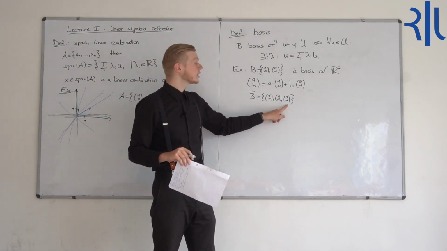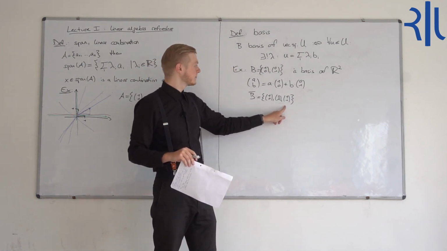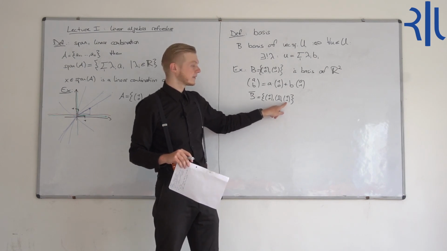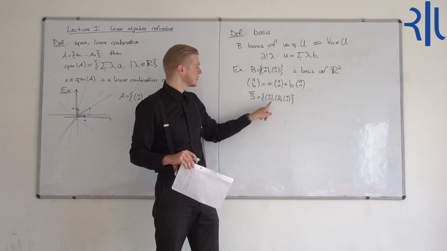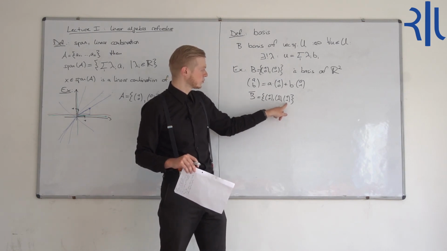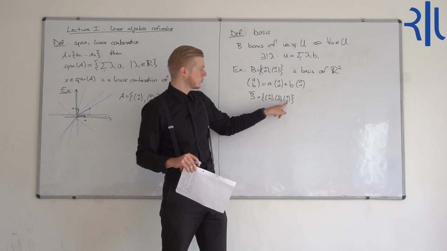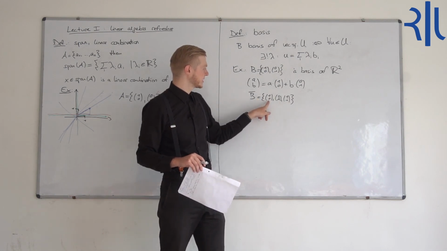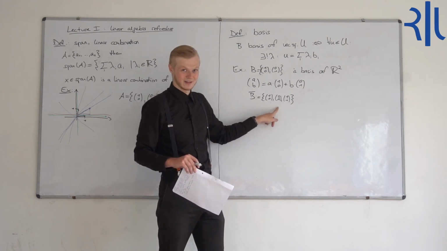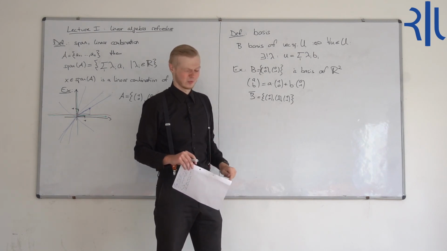B bar would not be a basis, because you can, for example, express this vector either as 0 times (1, 0) plus 0 times (0, 1) plus 1 times (1, 1), or you could represent it as 1 times (1, 0) plus 1 times (0, 1) plus 0 times (1, 1).